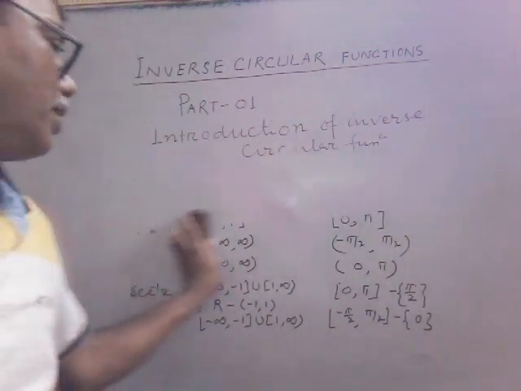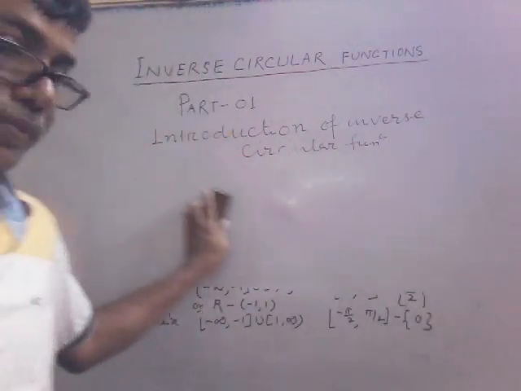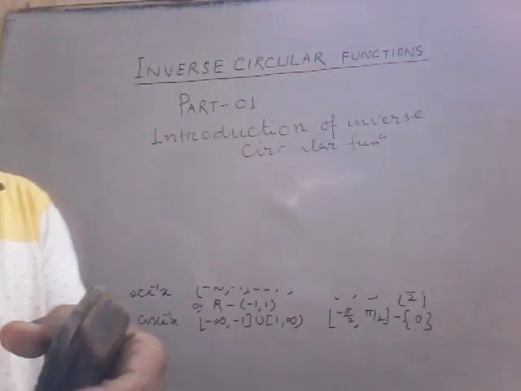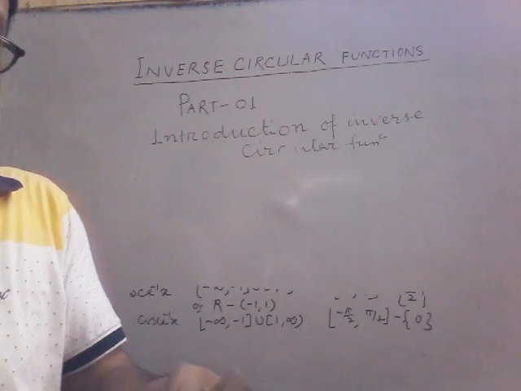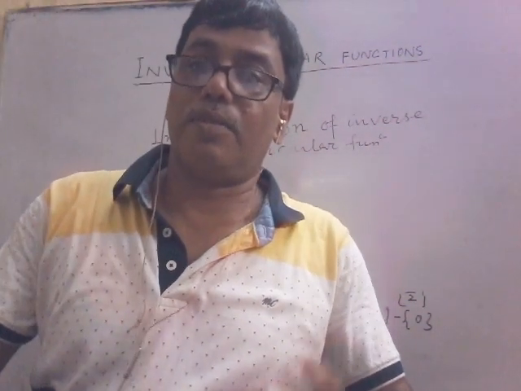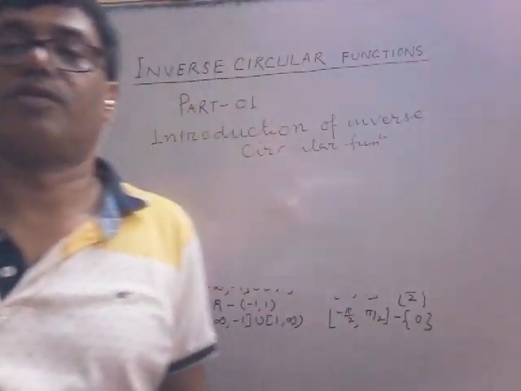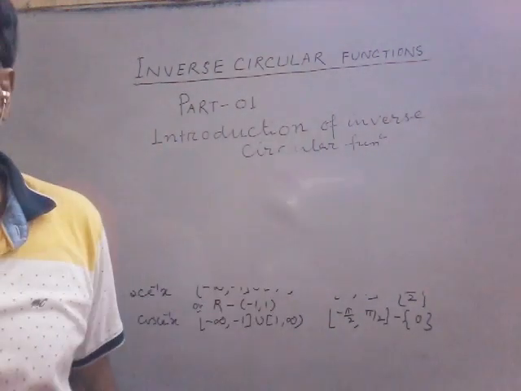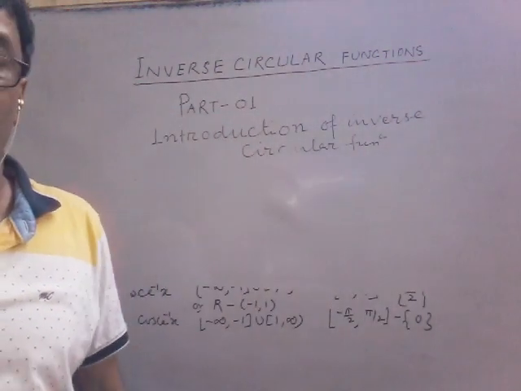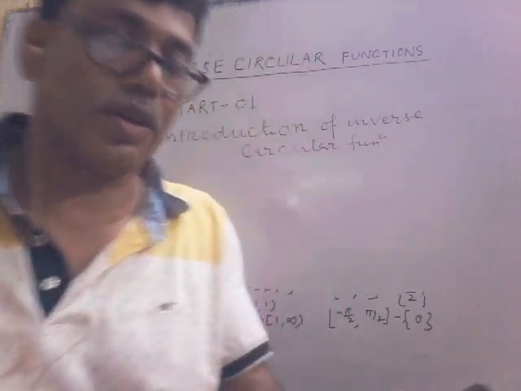So, application. I am discussing the very simple problems at the beginning. In the second class, I will go to the harder ones, third and fourth, and so on. I will take total 4 classes.